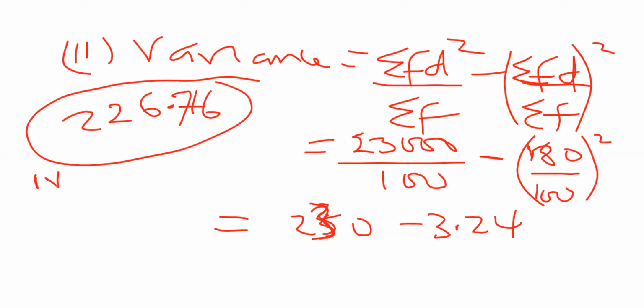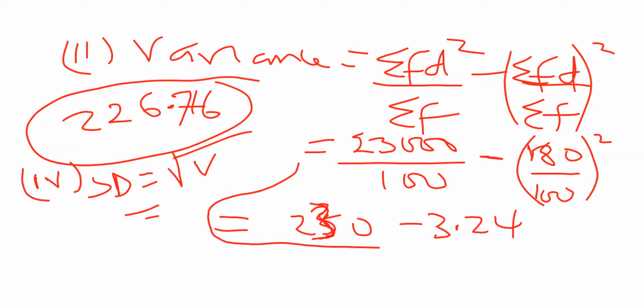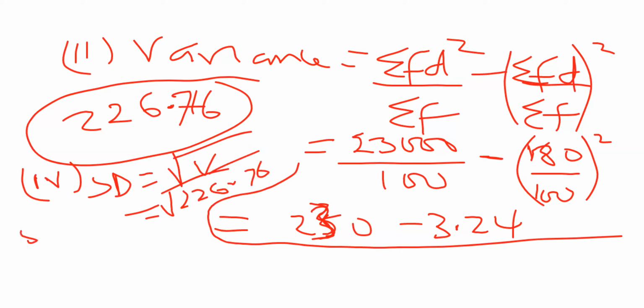This is Roman figure 3. Standard deviation is the square root of variance. And that means the square root of 226.76. So our standard deviation, to find the square root, should give us 15.06.